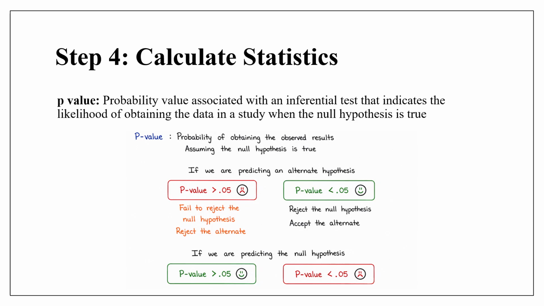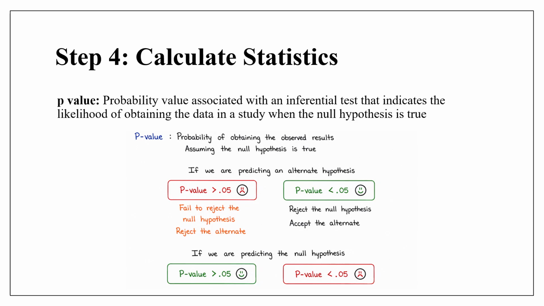And you're going to reject the alternate, meaning that you found no support for your hypothesis. If you find that the p-value is less than 0.05, then you're going to be very happy because you've rejected the null hypothesis and you've accepted the alternate, which is typically what you are predicting.